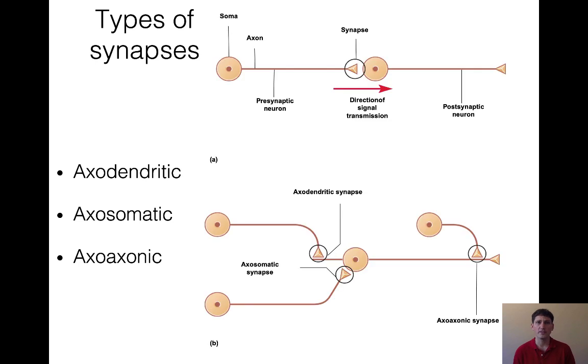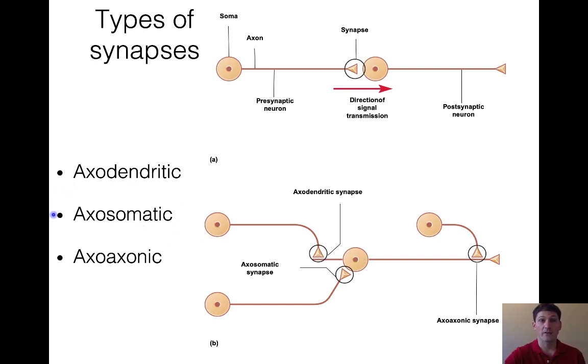Now, there are a couple of different types of synapses, just so that you're familiar with this. There's an axodendritic, which basically means that the axon is connecting with a dendrite of the postsynaptic neuron.